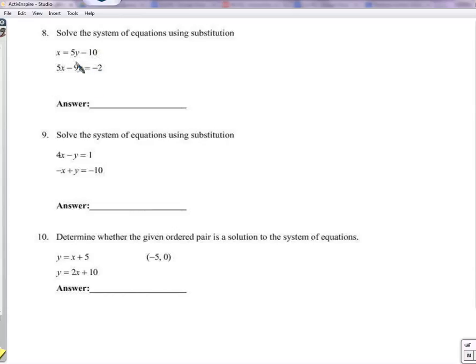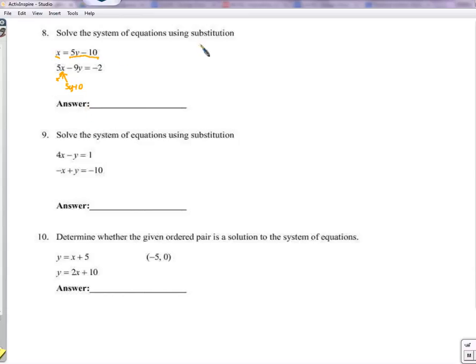So let me just be straightforward about it. This equation tells me that x and 5y minus 10 are the same, okay? And since they're the same, it doesn't matter whether I write x here or I write 5y minus 10 because they're exactly the same. So I'll do that.